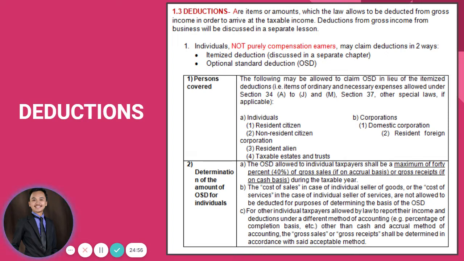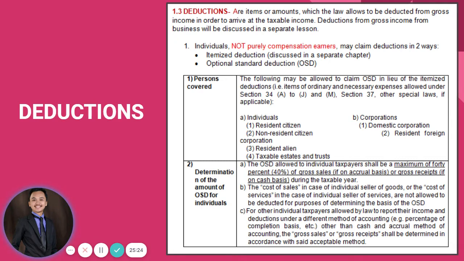Now this time, the cost of sales in case of individual seller of goods or cost of service in the case of individual seller of service are not allowed to be deducted for purposes of determining the basis of optional standard deduction. So no need na to deduct cost of sales. So automatic multiply 40% based on your gross receipts or your gross sales.